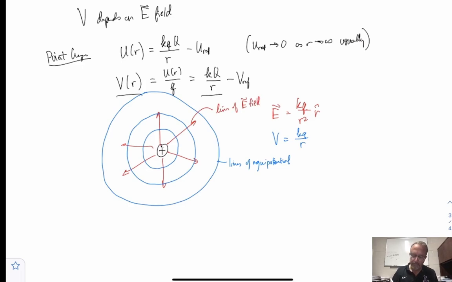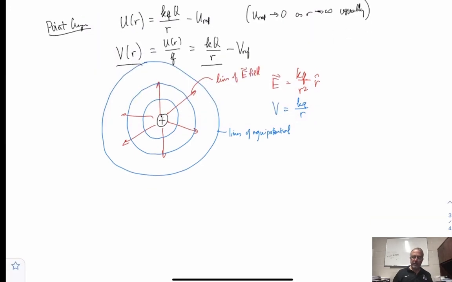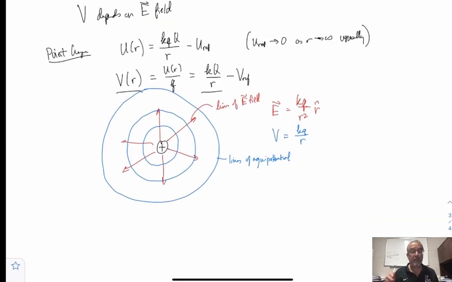The value of the electric field also only depends on R for a point charge. And so the electric field also has the same value everywhere around the charge, but it points radially outward. That's why we draw the arrows. These little lines of equipotential are just concentric circles around the charge.